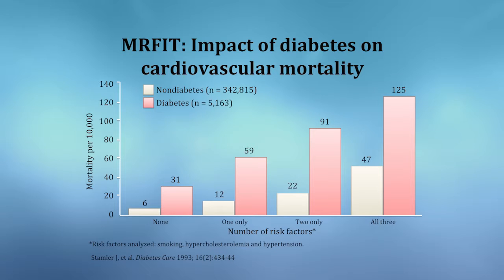Also, it has been shown in many studies, like the one we can see in the slide, the MRFIT study, published in Diabetes Care in 1993, that if you compare mortality from a cardiovascular attack or an MI in diabetics with other risk factors like hyperlipidemia, smoking or hypertension, the diabetic patients will have a higher mortality from myocardial infarction compared to other patients.